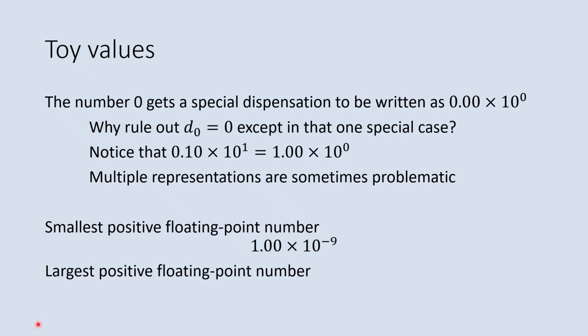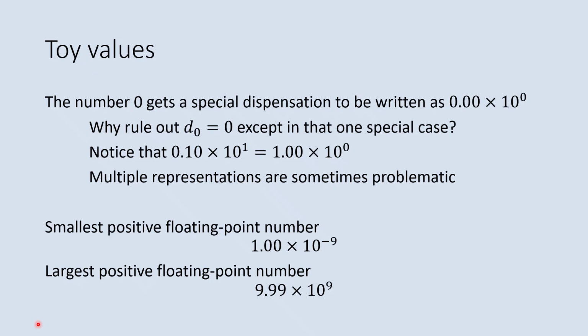Then the largest positive floating point number that we could have, well, again, we have 3 digits with the decimal point after the first one, times 10 to a power, so the largest one is 9.99 times 10 to the 9th power. And then when we want negative values, we could have the smallest negative value.